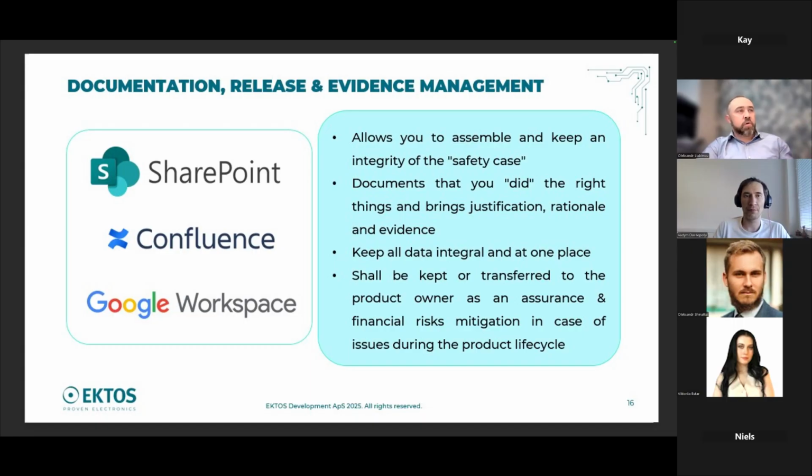So you come up with the structure and then use pretty simple tools like SharePoint, Confluence by Atlassian, or Google Workspace, so you can automate in a network manner, so it's accessible from everywhere and by many people. You can come up with your documentation structure.